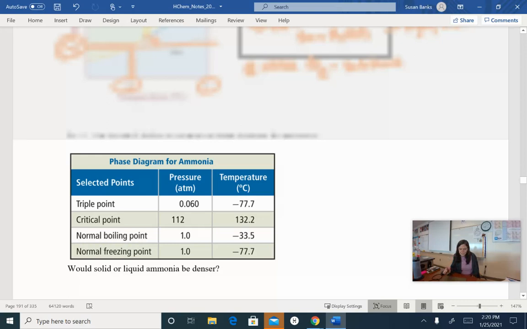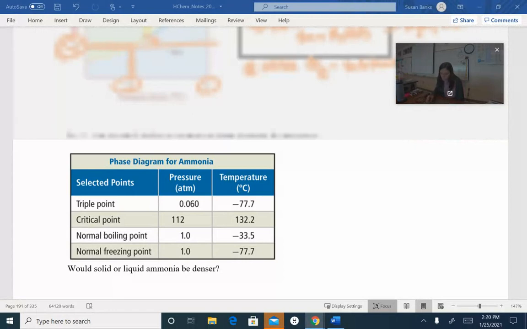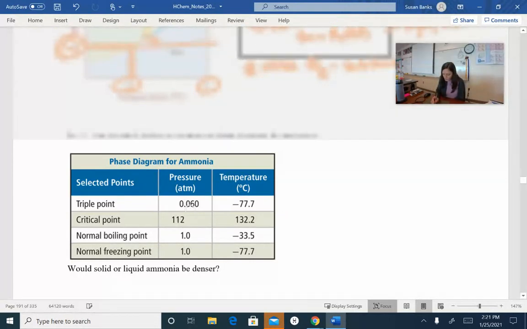So we've got our triple point of 0.060 atmospheres. So notice this is super low. So let's look at the different atmospheric pressures that we have to look at. We have to go from way less than 1 to way more than 1. Okay, so we are going to have to really change the scale here.